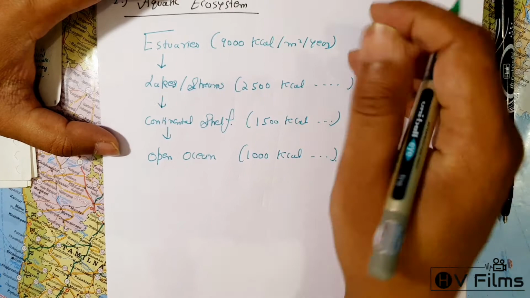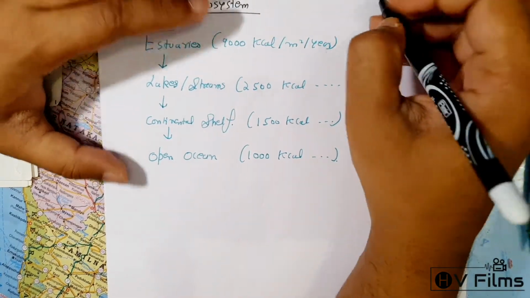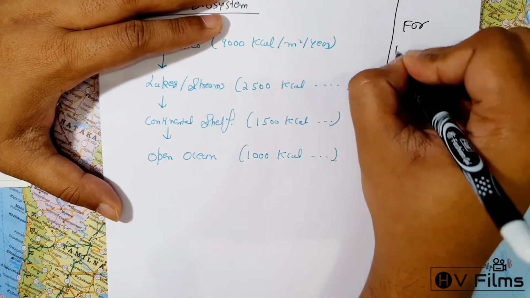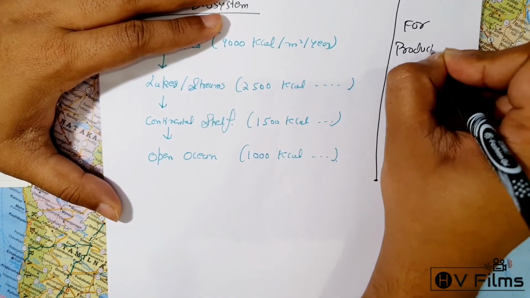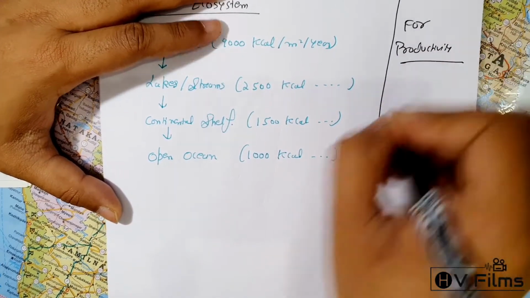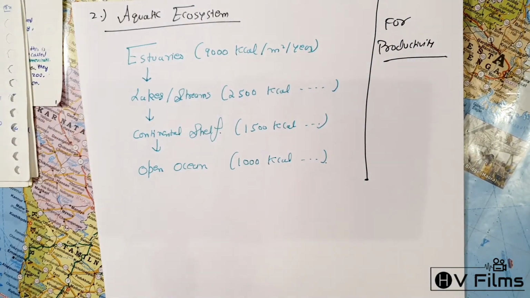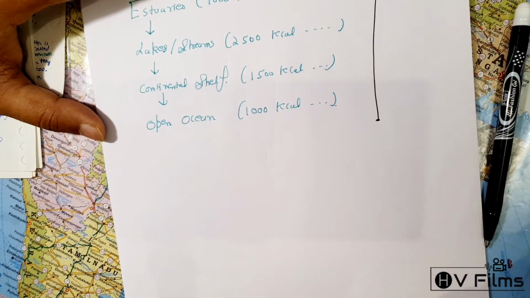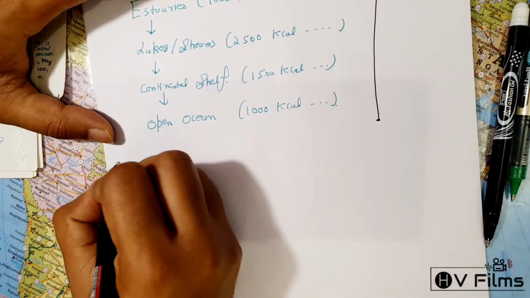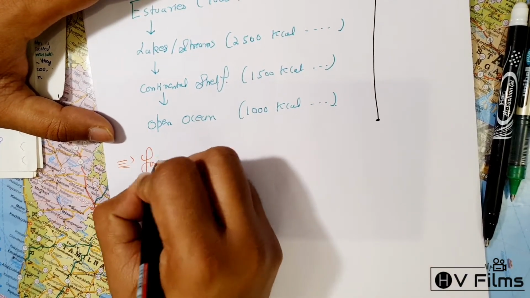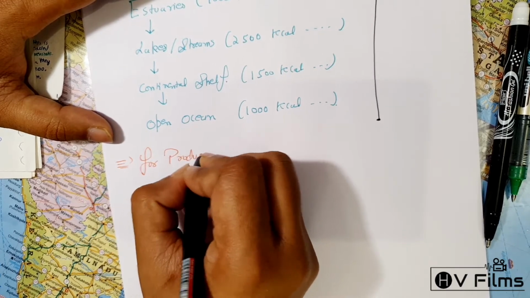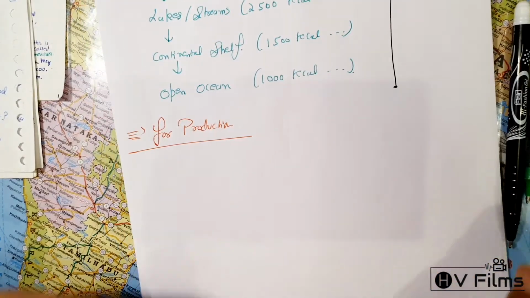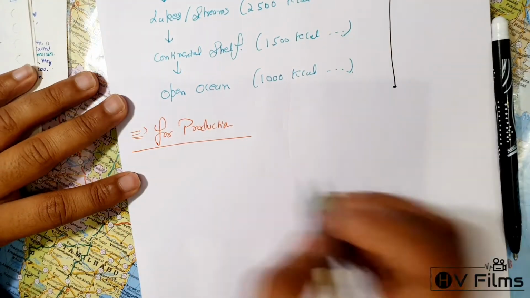Now this was everything about the productivity, so let me write it. Alright, now we'll talk about production. So for production, it's an overall number.